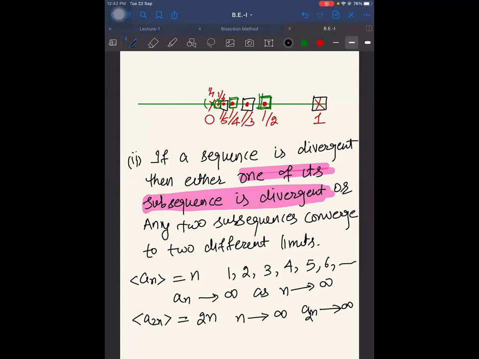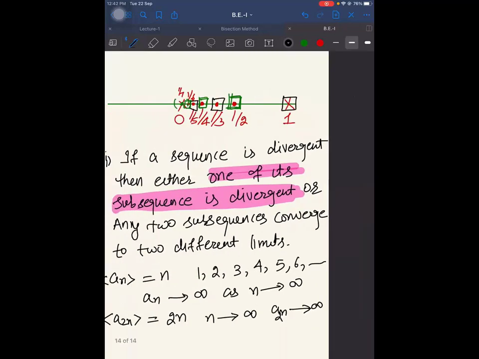But this is true when your subsequence is divergent. You may have a kind of oscillatory subsequence. If you have a sequence which we have done, -1 raised to power n, that was -1, 1, -1, 1, -1, 1, and so on.